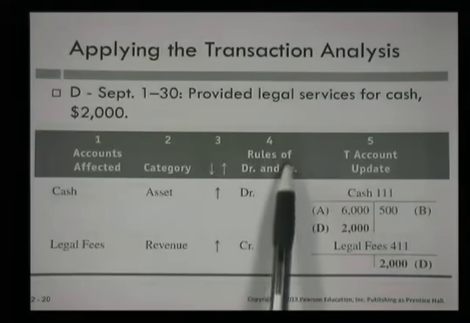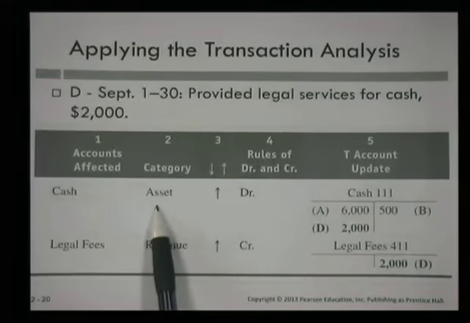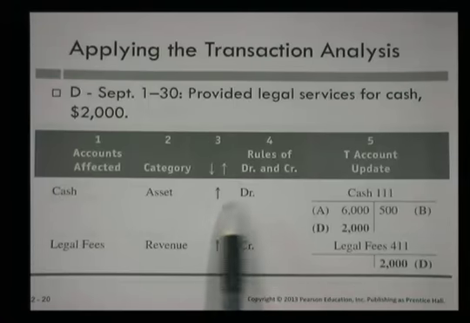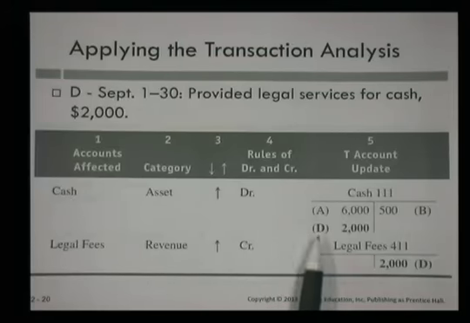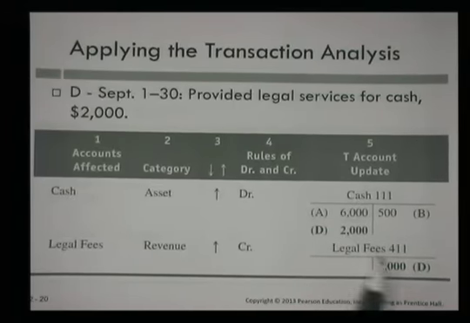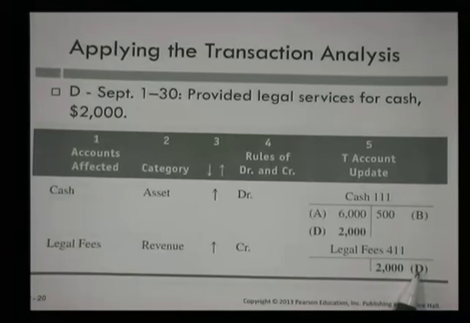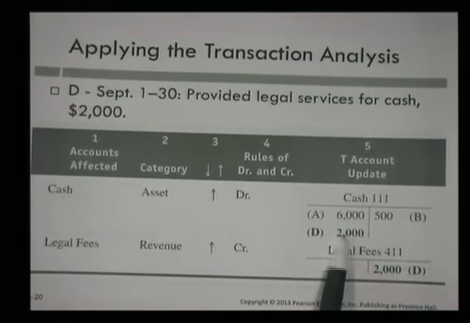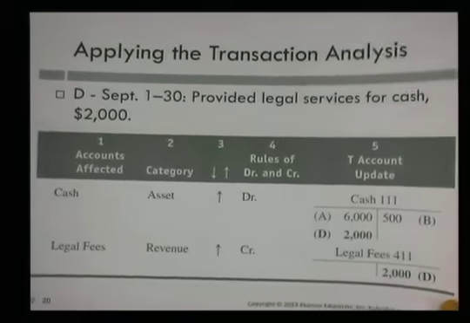So the rules of debit and credit state that when I increase an asset, it's going to be debited. When I increase revenue, it's going to be credit. So transaction D is going to debit cash, $2,000, and legal fees is going to be credited for $2,000. So I have my debit and I have my credit part of the transaction, and they equal.